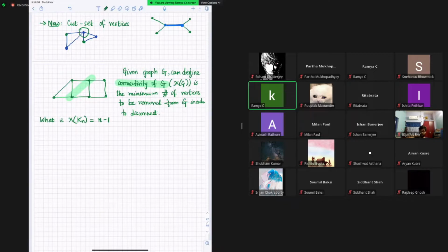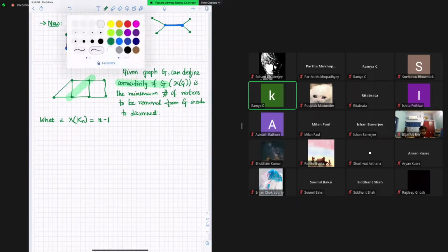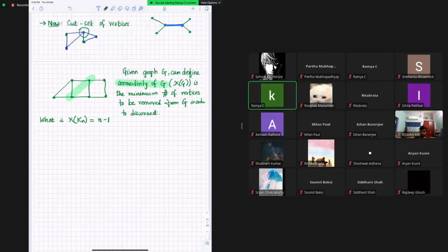But that's only a matter of terminology. It's okay. Right? But for example, let's take complete bipartite graphs, K m,n. You'll have to remove the smaller set, right? At least you have to remove those many vertices in order to disconnect the graph. So this way you can define the connectivity of a graph.